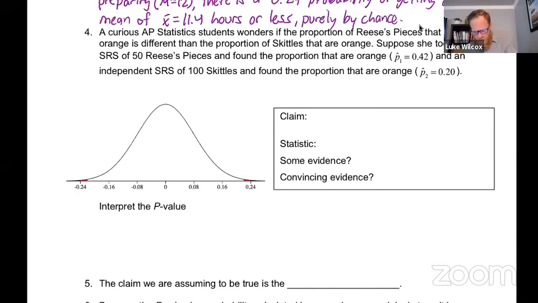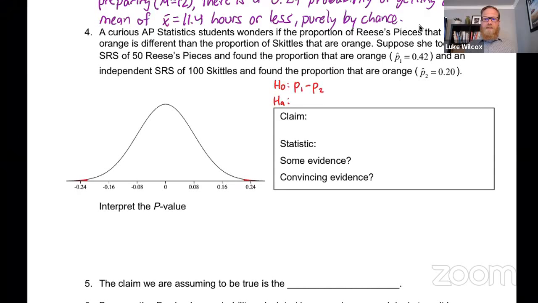So let's start again with our hypotheses here, just to make sure we have those written. And so we've got a null and an alternative. Very clearly here, I can see that this problem is about proportions and that it is a two-sample problem. And so I know that my hypotheses are going to be about the difference between the two proportions.